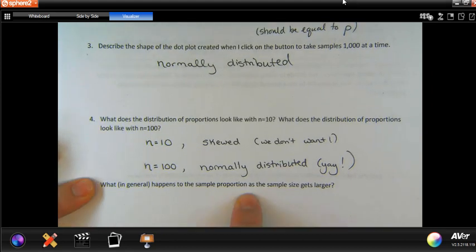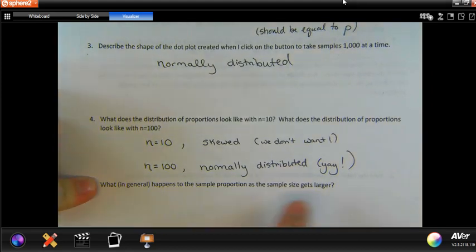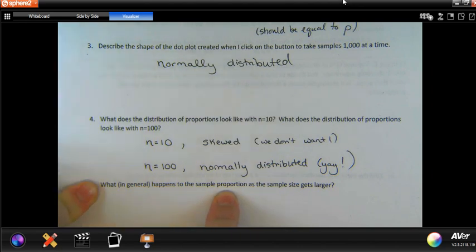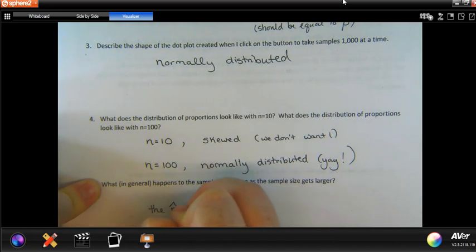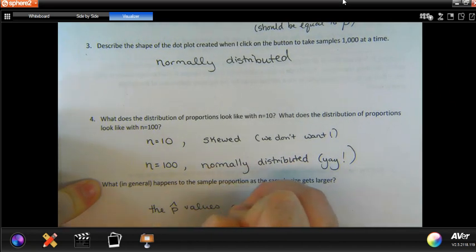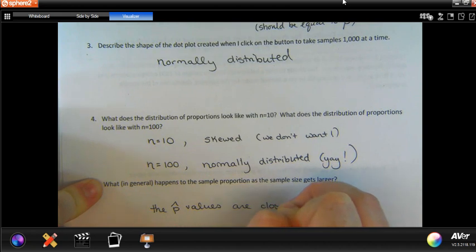As we take larger sample sizes, the sample proportions should be behaving more as we expect them to. When we take these larger sample sizes, we're expecting those p-hat values to be closer and closer to 1/6 almost all of the time. So the p-hat values are closer to the population proportion.